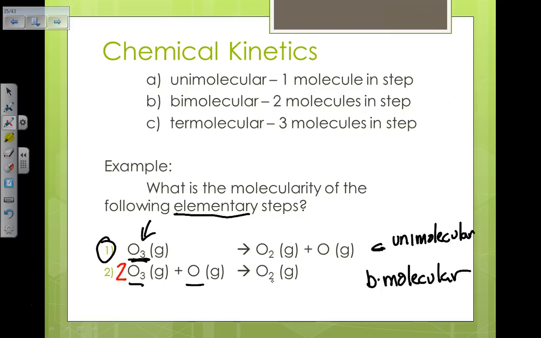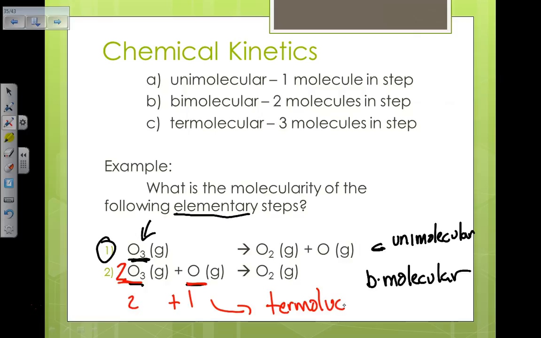So in order for this elementary step to happen, we need 2 O3 molecules and 1 O atom. So this is 2 plus 1. In this case, the molecularity of this red equation with the coefficient of 2 here, and I get it, it's not balanced, but if it were balanced and everything worked out, that would be what we call a termolecular step.